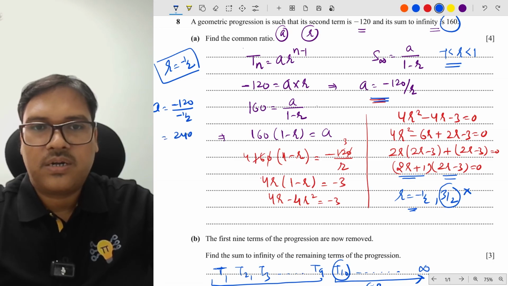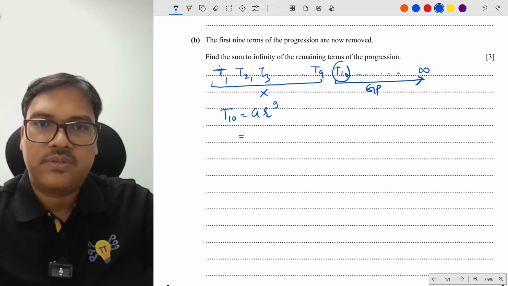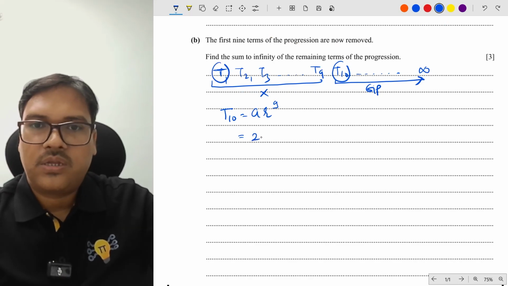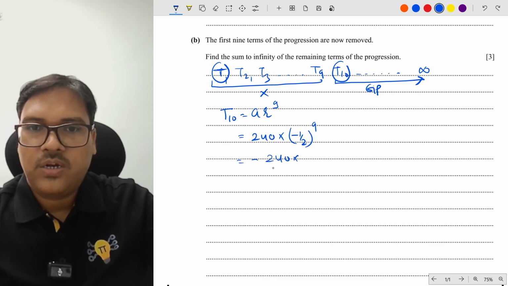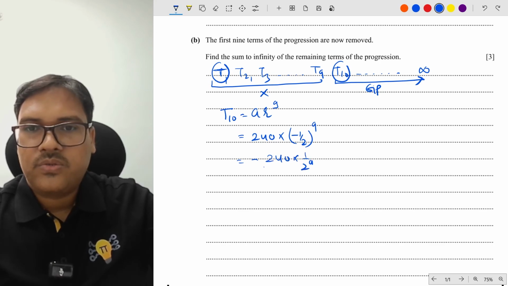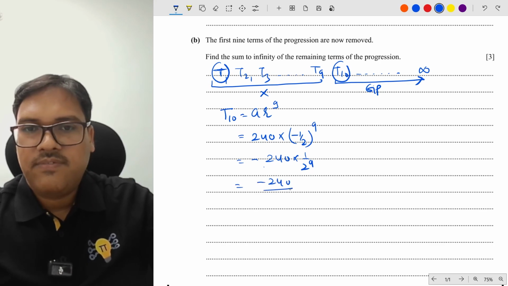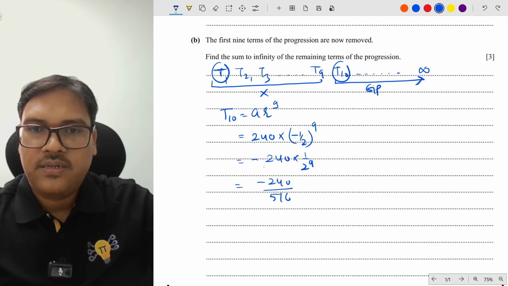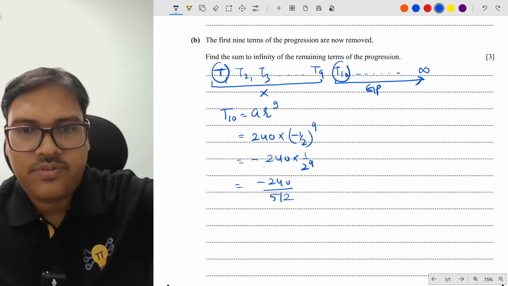So you can say this is 240. So a is 240, the first term of this sequence. So T10 is 240 into r, which is minus 1 by 2, raised to 9. So this is basically negative 240 into 1 by 2 raised to 9. 2 raised to 9 is 512, so we will just put the value.